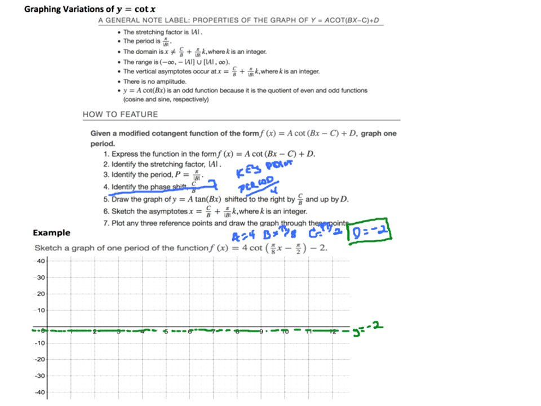And then I have my upper and my lower boundaries that tell me where key points are. So absolute value of A is absolute value of 4, which is 4. So 4 above and 4 below that midline. 4 above the midline puts me at 2, so not quite at that first grid mark. And 4 below puts me at -6. About right here.